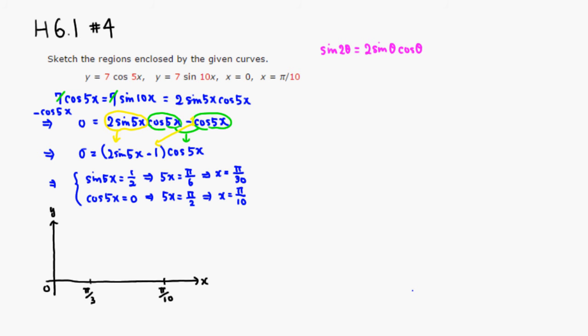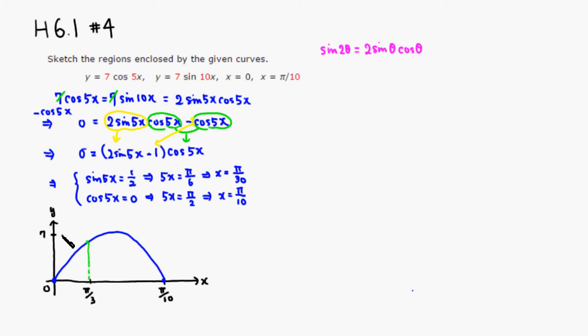It's going to go through the origin, and at pi over 10, sine of pi is 0, so it's going to be 0 again. Then times 7, so the highest would be 7. So it's going to look like this. It'll go up and down and become 0. And 7 cosine of 5x is going to have an intersection there.